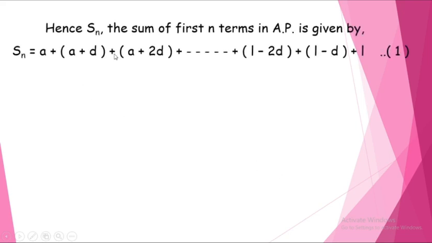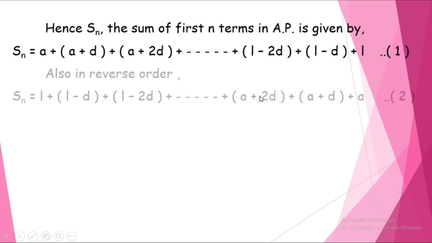Hence, the sum of the first n terms of an AP is denoted by Sn, and it is given by Sn equals A plus A plus D plus A plus 2D plus so on up to L minus 2D plus L minus D plus L, equation number 1. Now we write down this sum in reverse order.